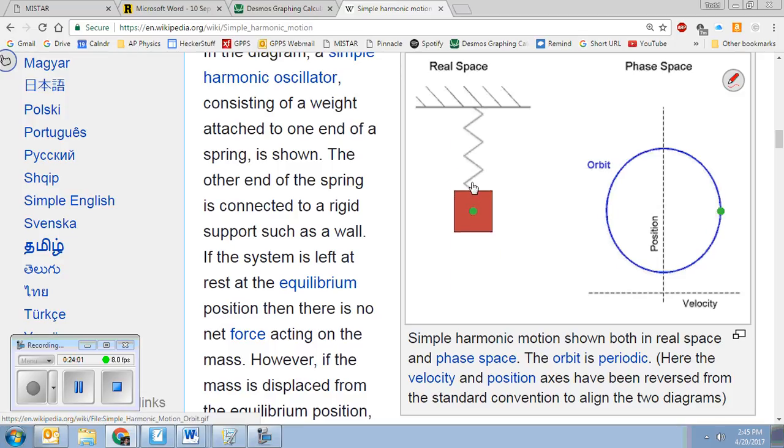That's in real space, right? That thing is oscillating up and down. And then if you equate that oscillation to 2 pi radians, you can see the little dot going around and around at the same frequency, right? So I don't know if that helps give you a little bit of a visual for what's going on. Make sense?